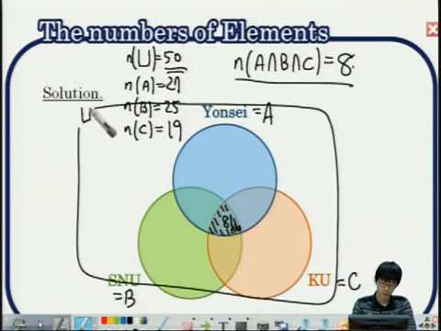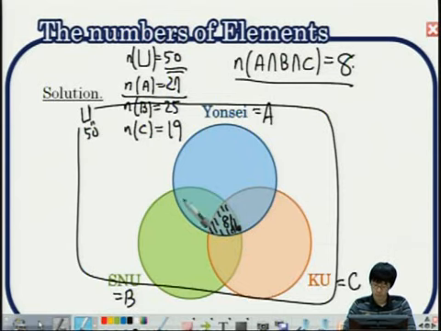So I'm gonna say here 50, and this A is all this part, blue part is 27, and this green part is 25, and this red part is 19.